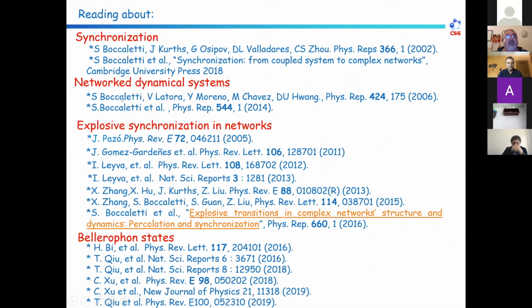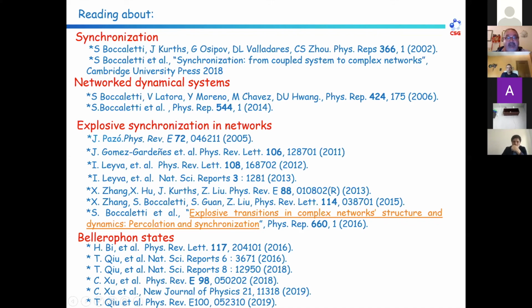Then if you want to read something on synchronization in networks, there are 2 Physics Reports which are quite popular, one dealing with complex networks, structure and dynamics, and the other one dealing with multi-layer networks, so networks of networks like the one that Jürgen just presented.